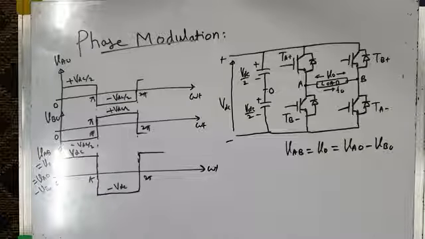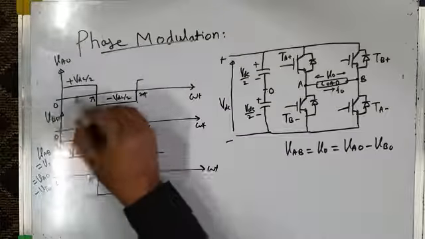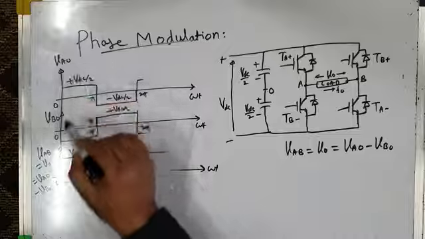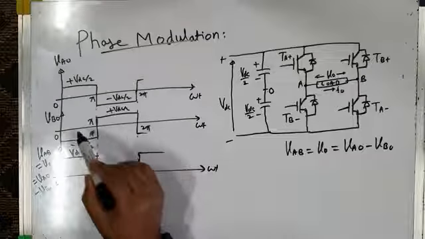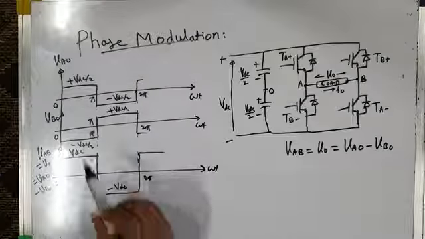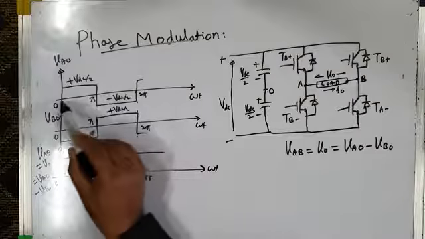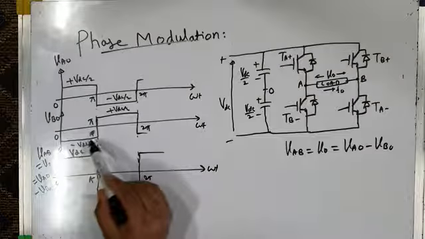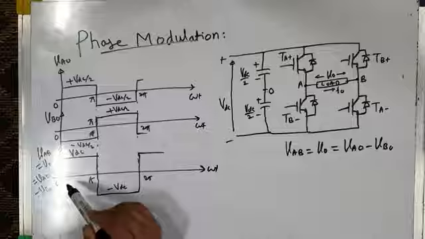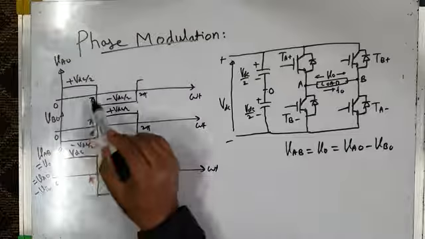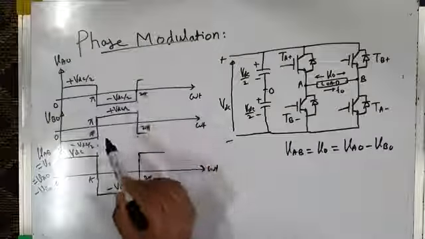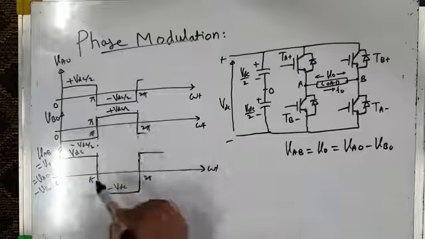Therefore, we can see the two pole voltages, VAO and VBO, are 180 degrees out of phase with respect to each other. See, this is VAO, it's positive from 0 to pi, whereas VBO is negative from 0 to pi. On the other hand, VAO is negative from pi to 2 pi, whereas VBO is positive from pi to 2 pi.